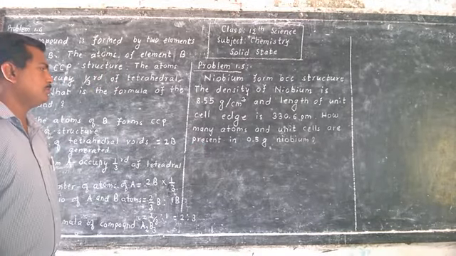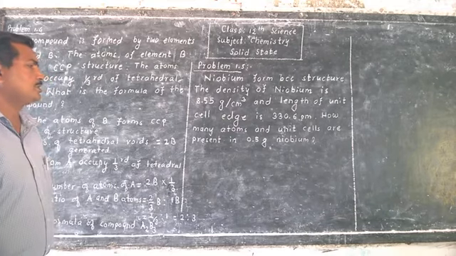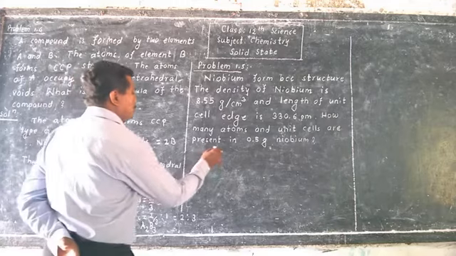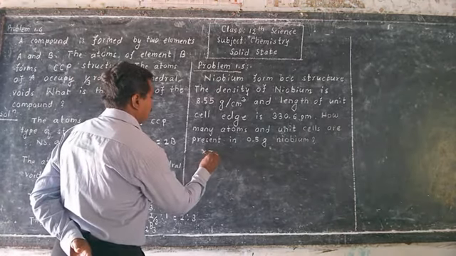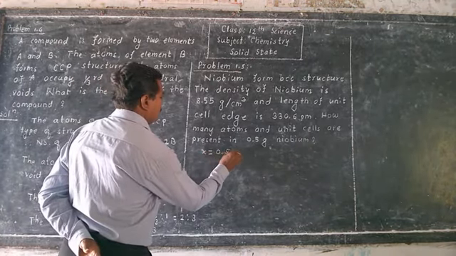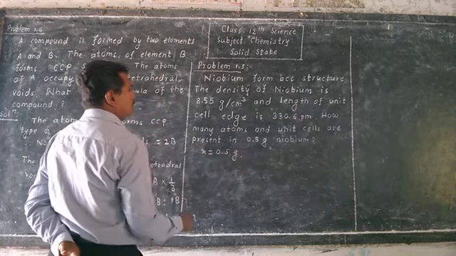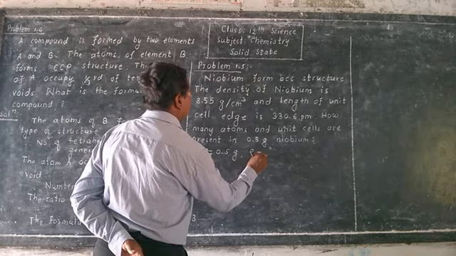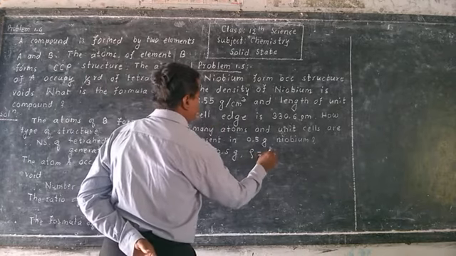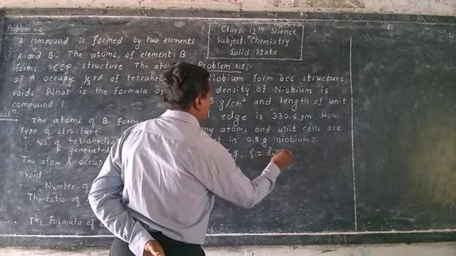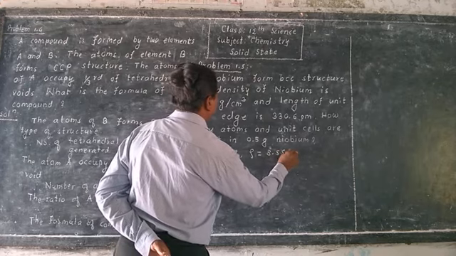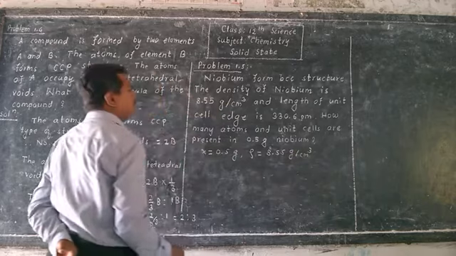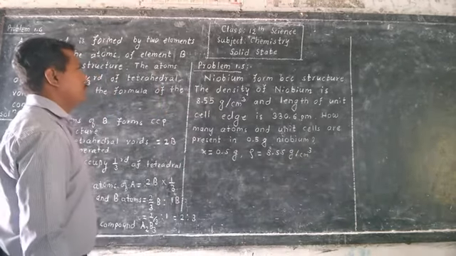So here X, that is the weight of niobium, is 0.5 gram. Density rho is 8.55 gram per centimeter cube. The type is BCC.